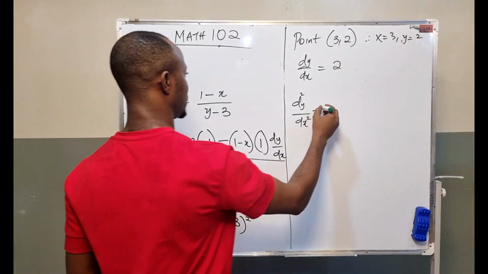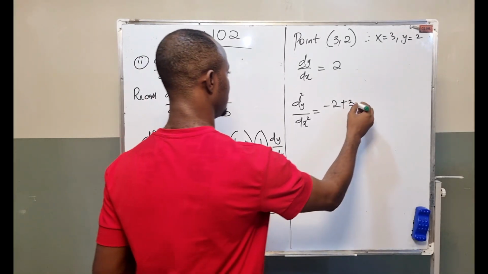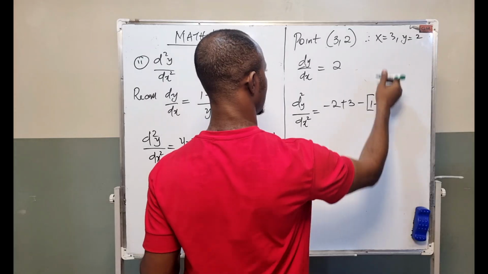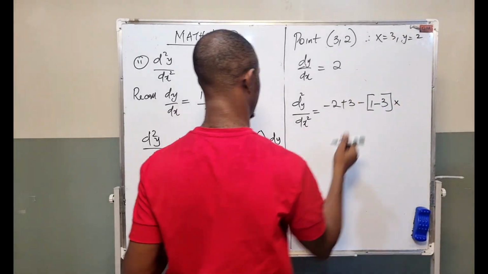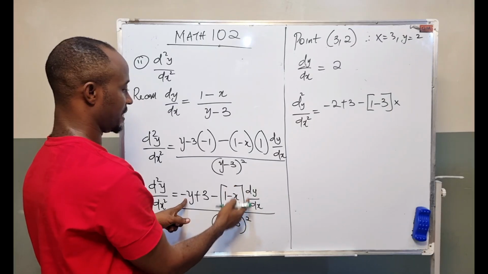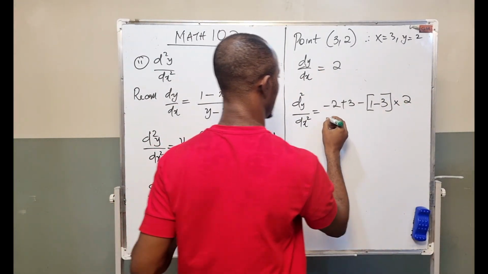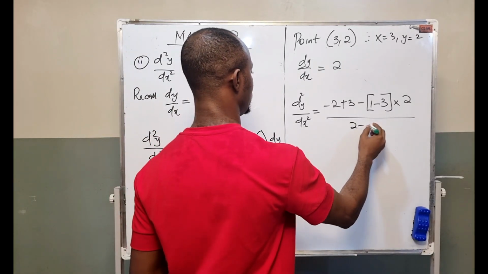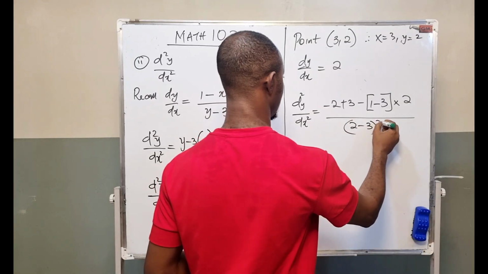Here we have minus 2 plus 3, minus, in bracket, 1 minus 3, all times dy/dx here. Our dy/dx is 2. So times 2. All divided by y, which is still 2, we have 2 minus 3, all squared.